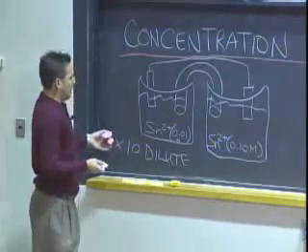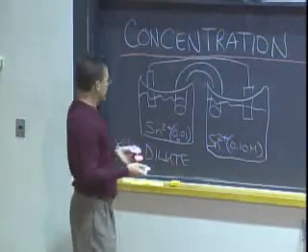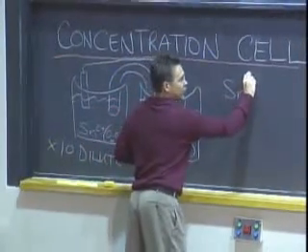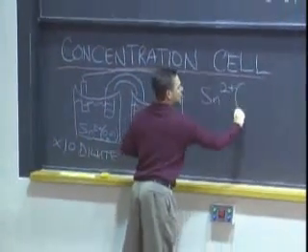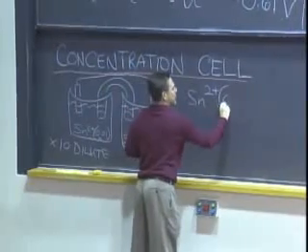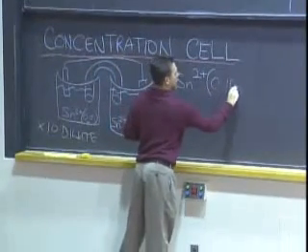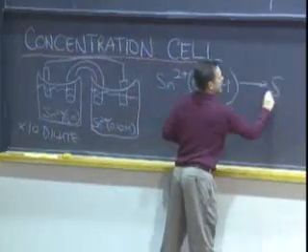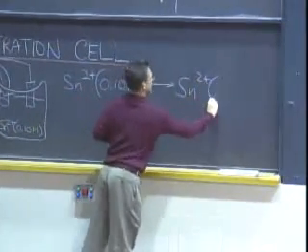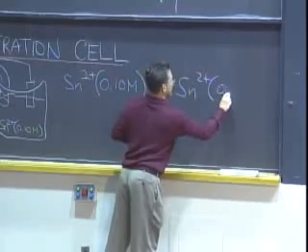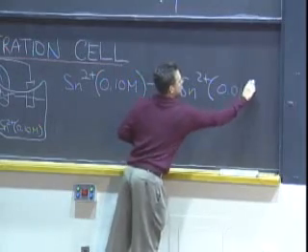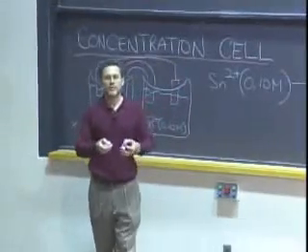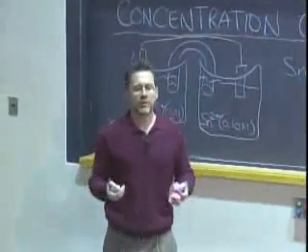Well, in this reaction, the system wants to go from a state where Sn2+ ions at 0.10 molar go to the beaker where we have Sn2+ ions at 0.01 molar.